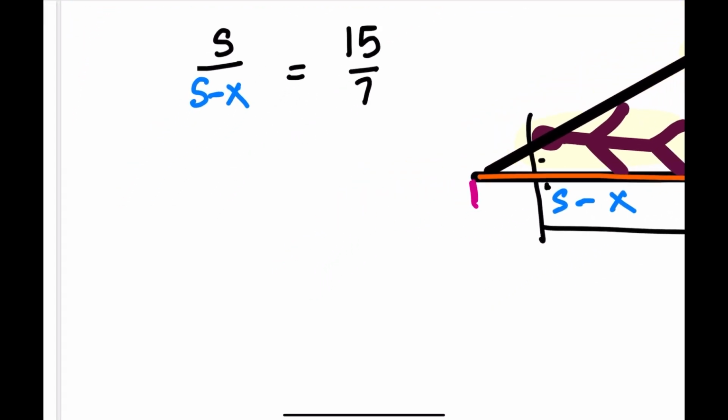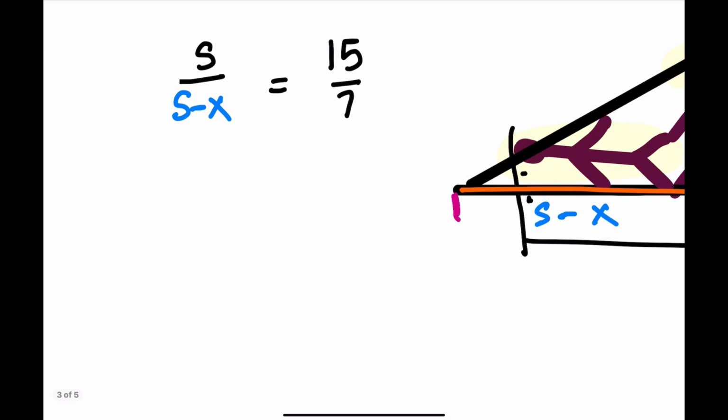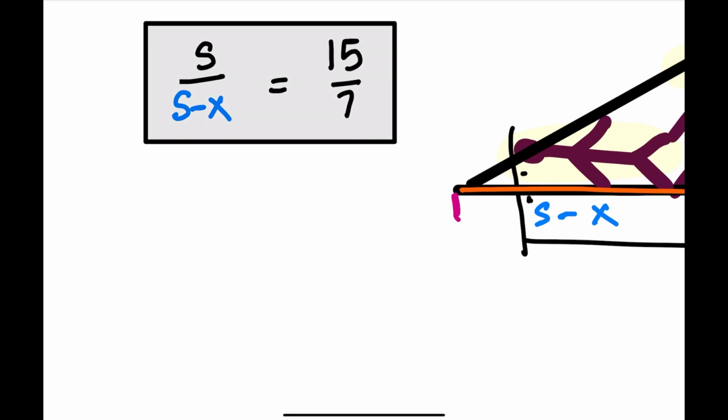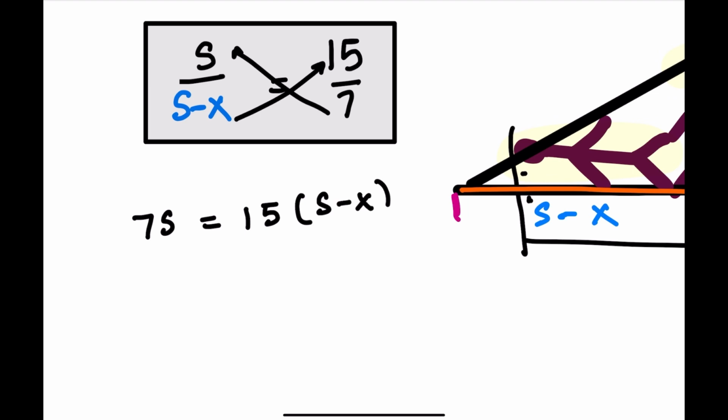So let me go ahead. And again, I'm differentiating it with respect to time. I don't like to differentiate it here because it's too much for me, so I'm going to simplify this. I'm going to cross multiply. So 7S is equal to 15 times (S minus X). 7S is equal to 15S minus 15X.